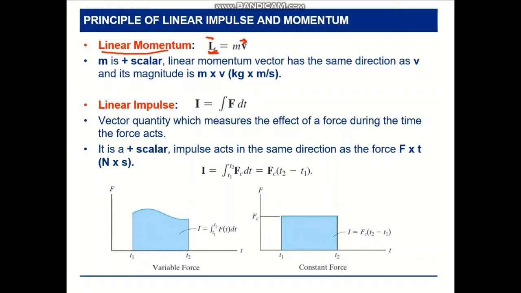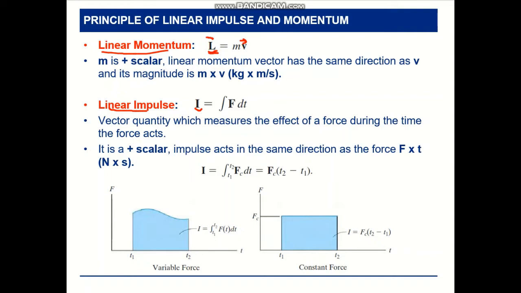The linear momentum vector has the same direction as the velocity vector, and its magnitude is m multiplied by the velocity, which is in kilogram meter per second. And the linear impulse, which is shown by capital I, is equal to the integral of F dt.